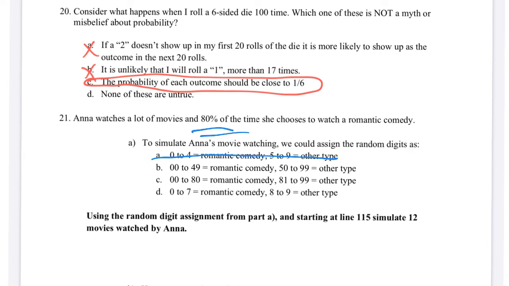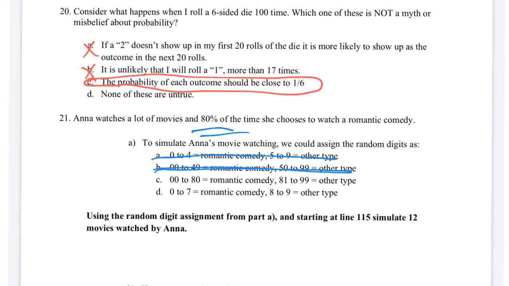Same thing with B. You're going from 0 to 49. So that's 50 there. And then 50 to 99, well, that's another 50. Now, C is close. But when we're thinking of 0 up to 80, that's going to give us actually 81, because we're including 0 in there and 80.